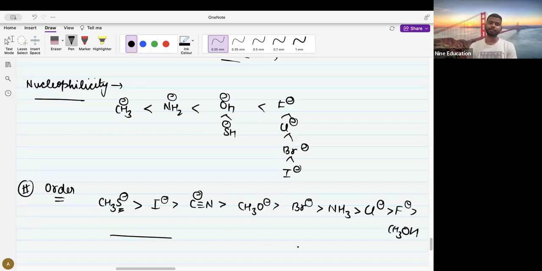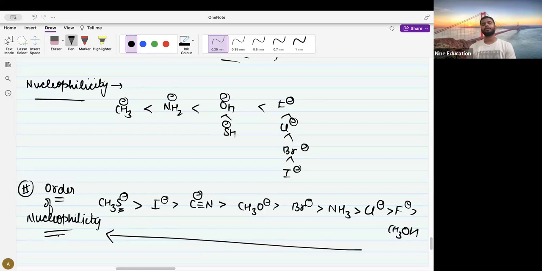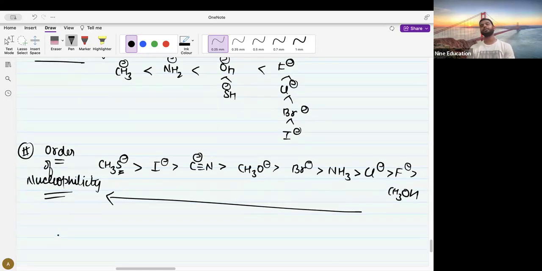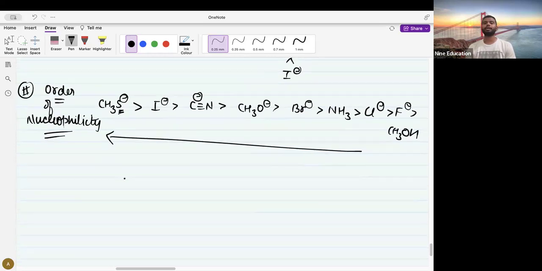So this order always remember, beta. Order of nucleophilicity, always remember. This order will always tell you which one will attack fast.